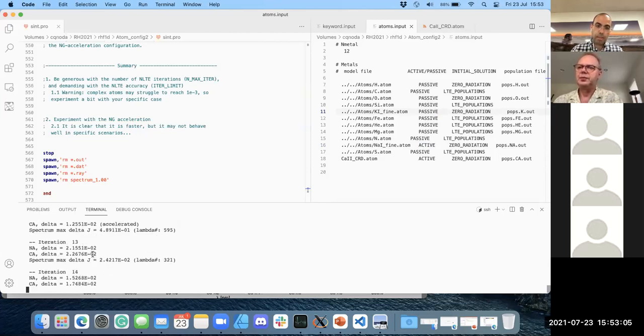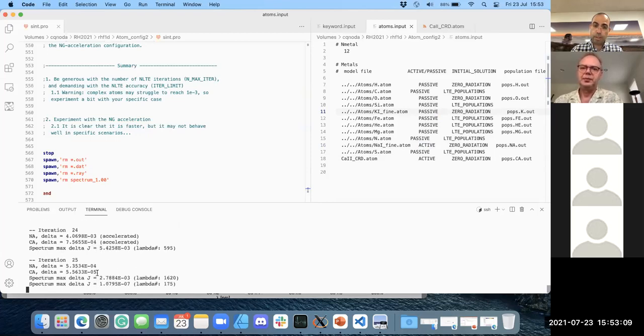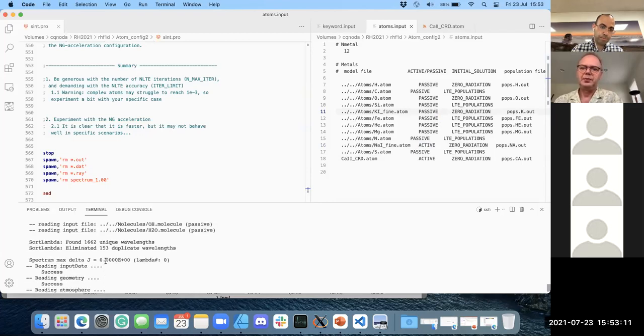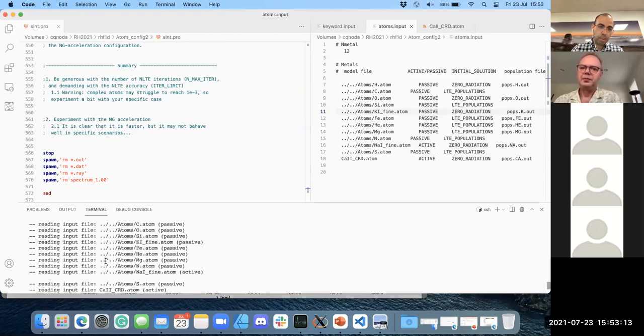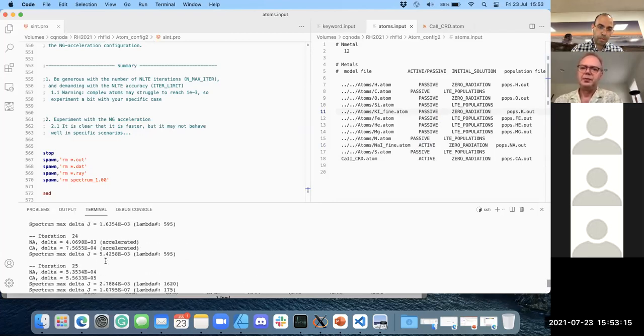But basically the one that defines when you reach convergence, so let's go back. In this case, you can see that calcium in the last iteration was already up to 10 to the -5, but sodium was the one that was not reaching below 10 to the -3.